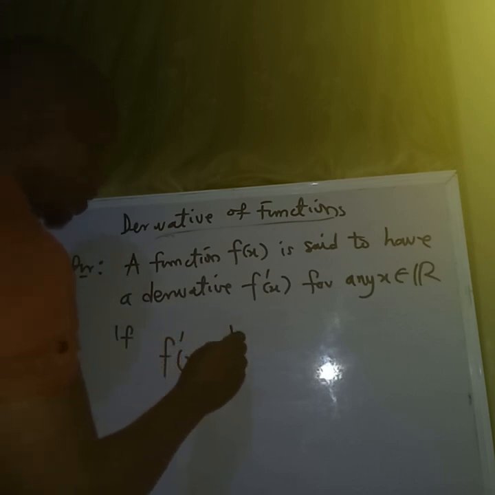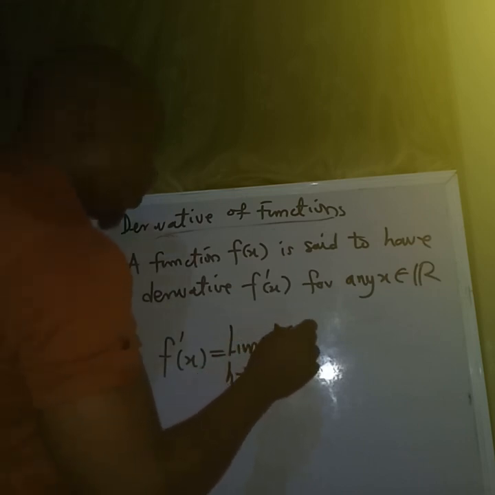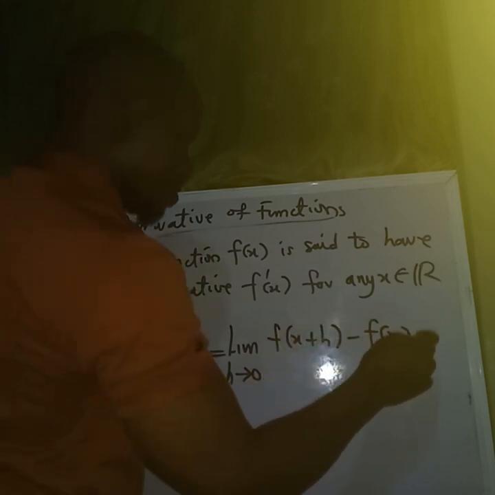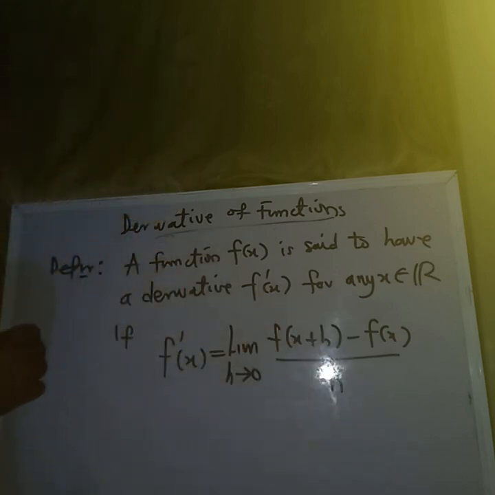So this will be the limit as h tends to 0 of f of x plus h minus f of x all over h. This is what is referred to as the derivative of a function at any point.